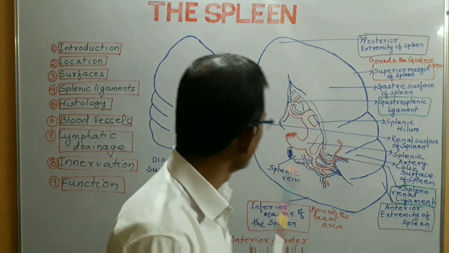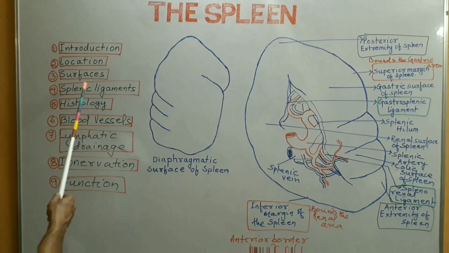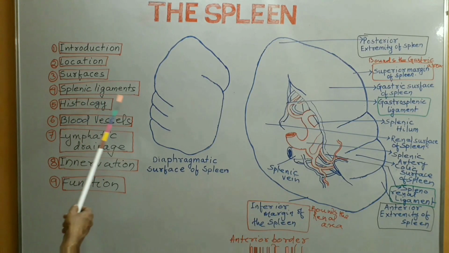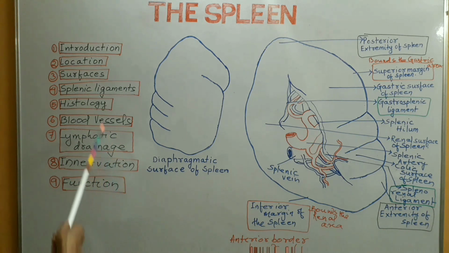In today's video, the following points will be covered: location, surfaces, splenic ligaments, histology, blood vessels, lymphatic drainage, innervation and function. So the first point is location.